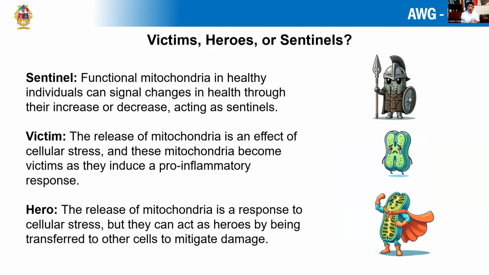So this part is super important in order to know if mitochondria are actually the victims of cellular stress inducing a pro-inflammatory response, or, as I mentioned before, heroes that are being released by the tissue, and that these mitochondria arriving to other tissue have an important role for maintaining our health.